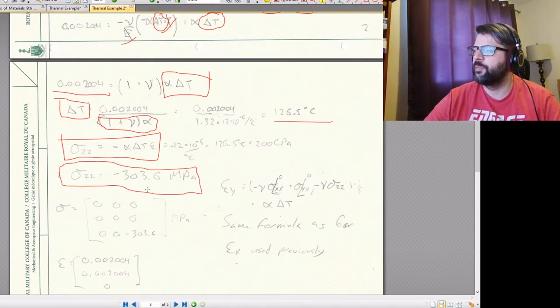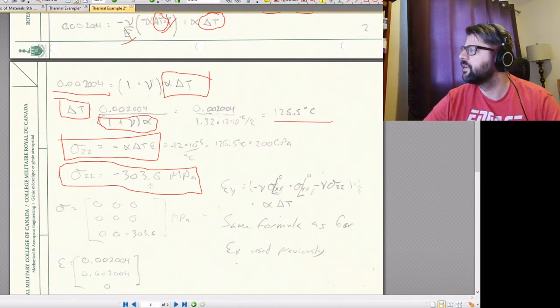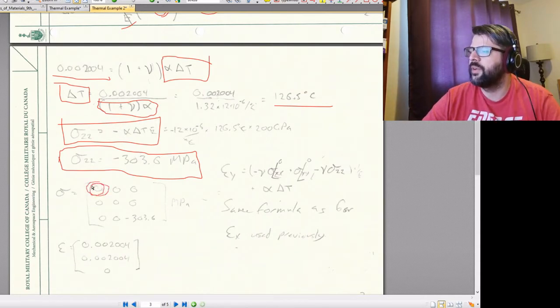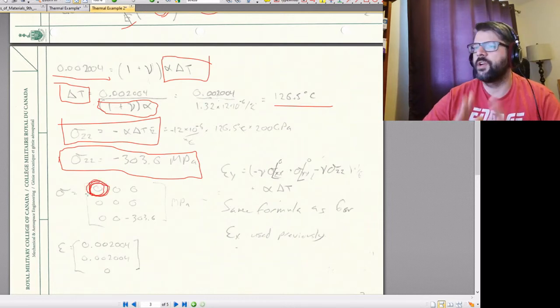So that ends up being negative 303.6, sorry, 0.6 MPa. And again, at that point the X1 just started touching, so it hasn't grown enough to start pushing against that wall.